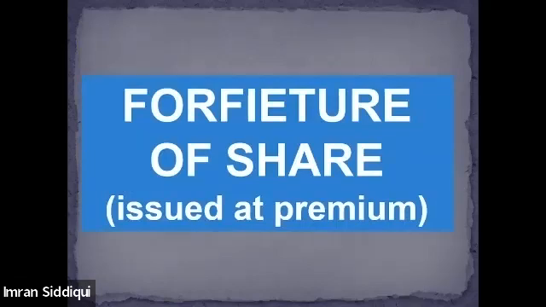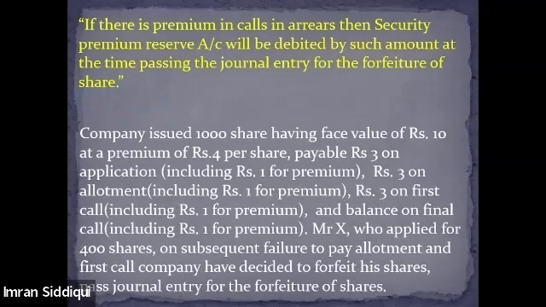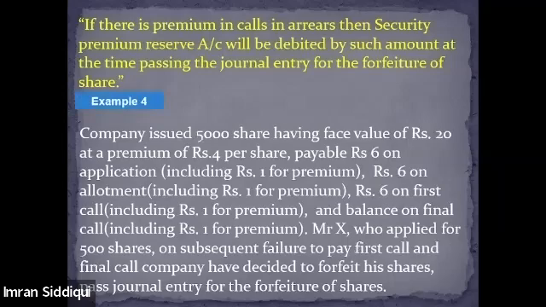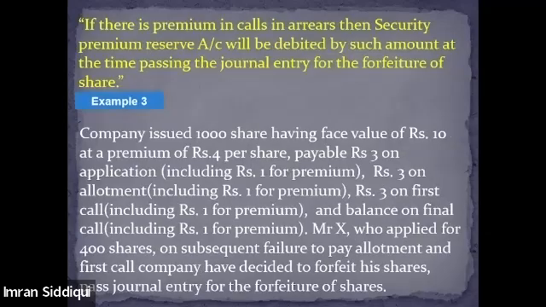Okay. So we were discussing the forfeiture of share. It is issued at premium. In the previous session, we talked about this. While covering this topic, I've told you that in order to pass the journal entry for the forfeiture of share, if the shares were earlier issued at a premium, what is the journal entry that we usually do in this case?